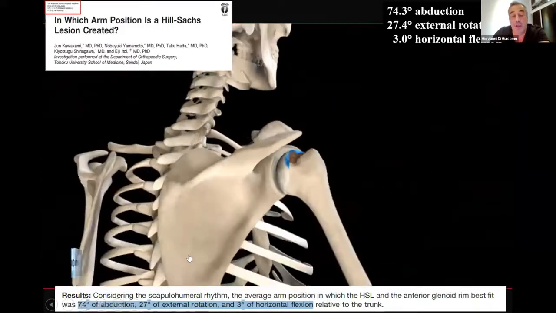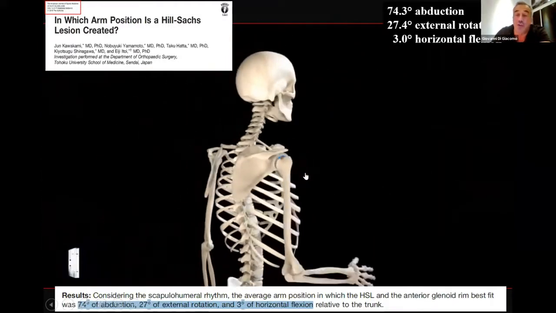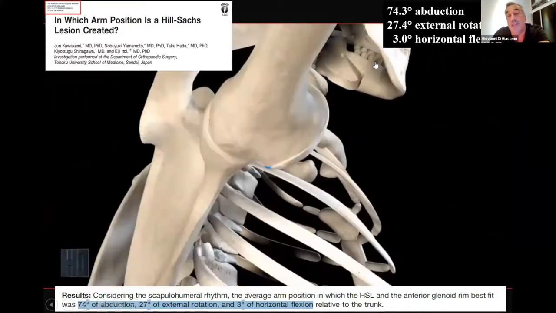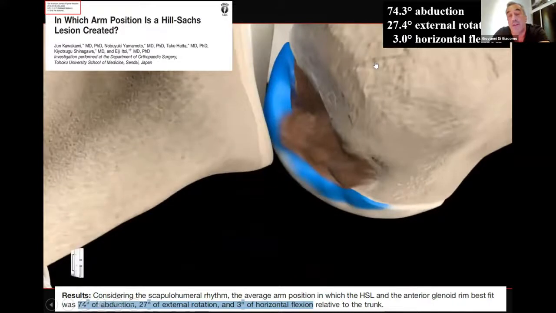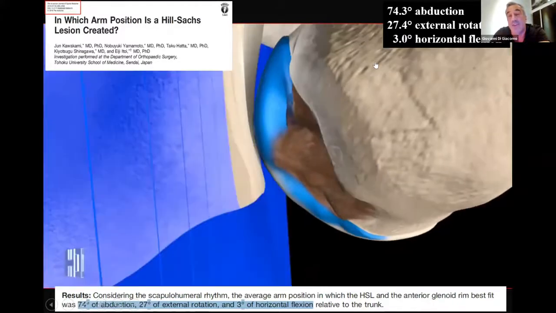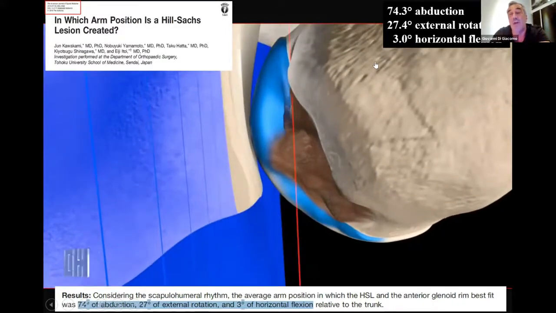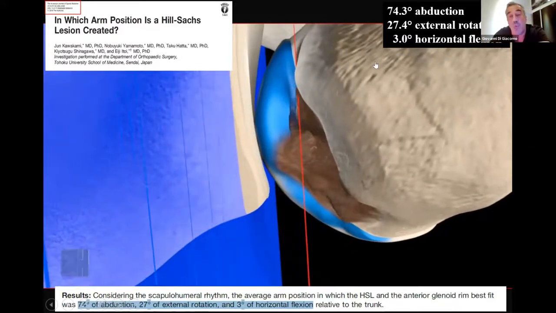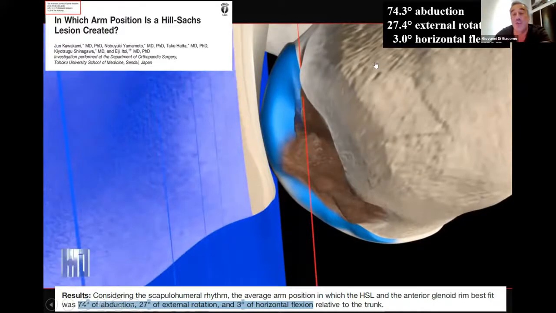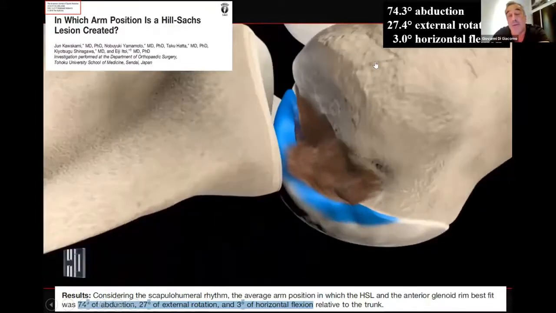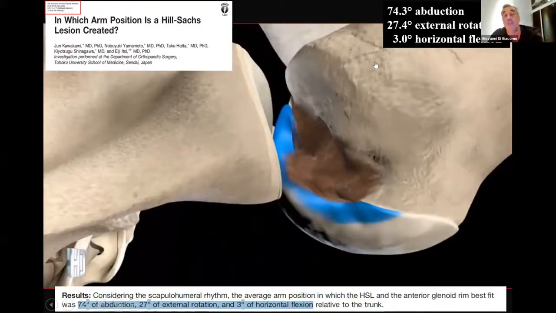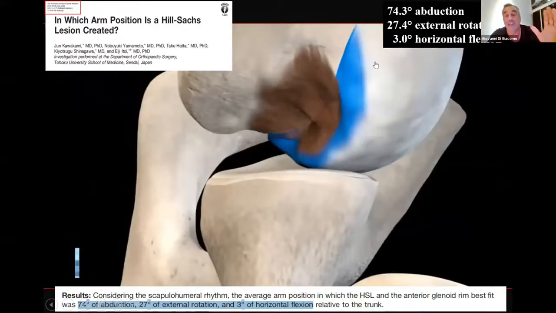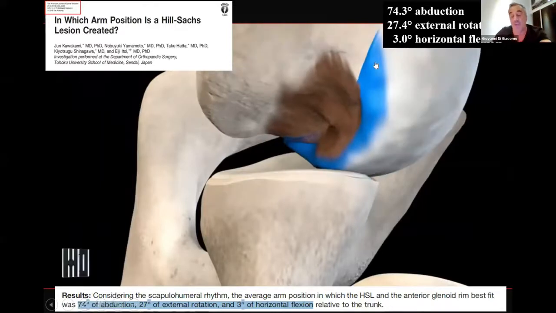And Itoi did this study and showed that the Hill-Sachs is created when the humerus is at 74 degrees of abduction, 27 degrees of external rotation, 3 degrees of extension. It means that the time the patient waits before reducing the humeral head is vital for the humeral head. There is a correlation between the time the humeral head is dislocated and the severity of the Hill-Sachs.